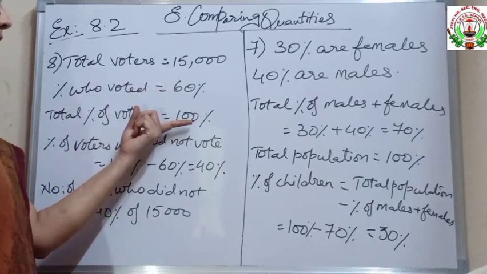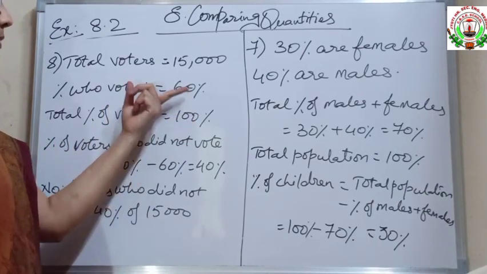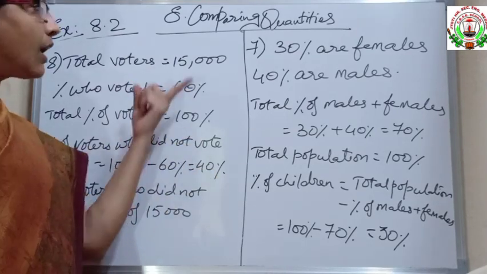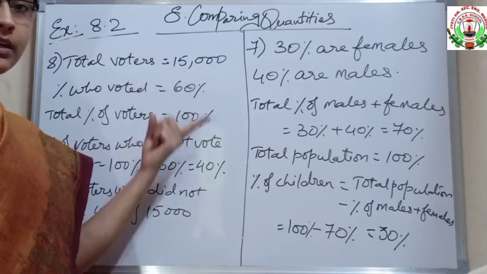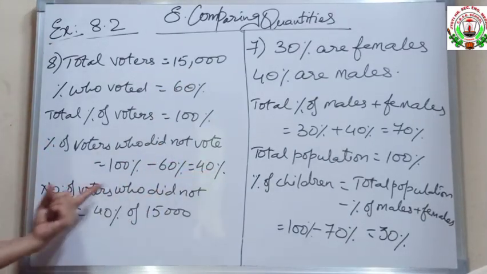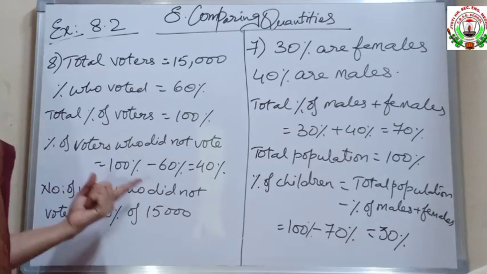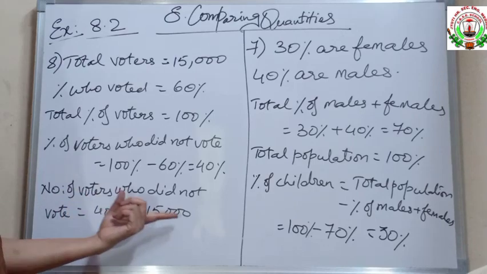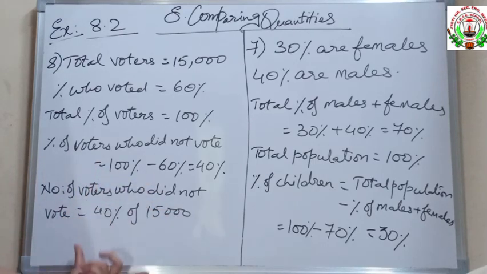So I subtracted 60% from 100%, and I got 40%. It means out of this 15,000 voters, 40% did not vote. I want the number who did not vote. So 40% of 15,000 voters. So let us simplify this.